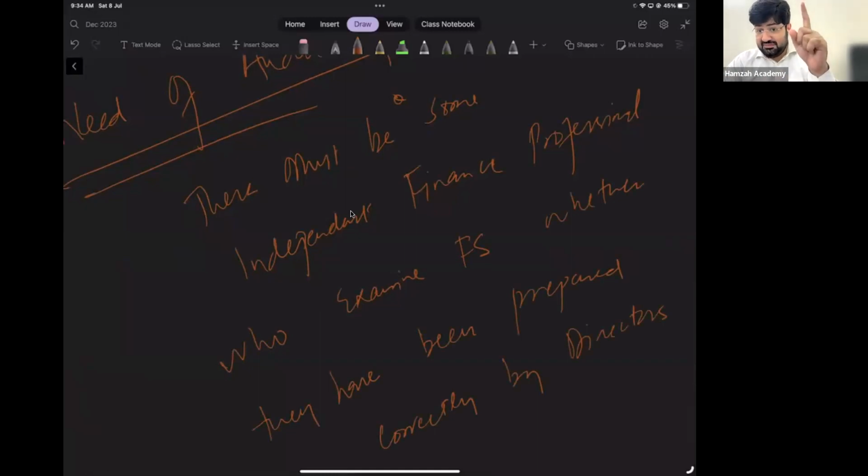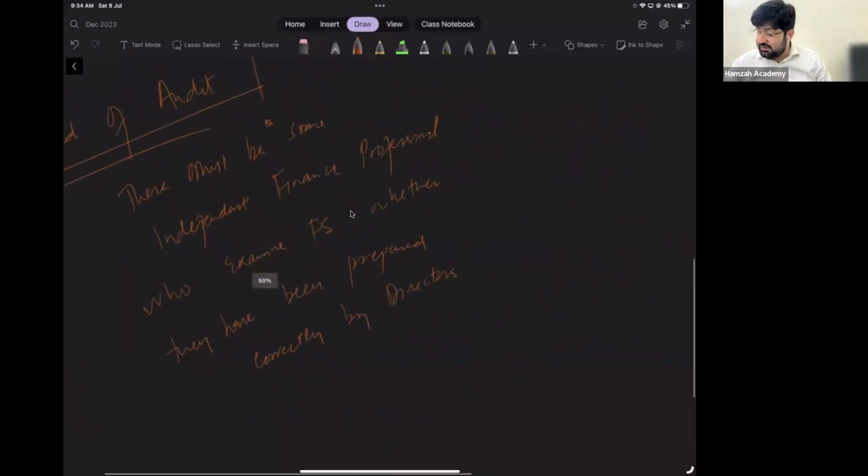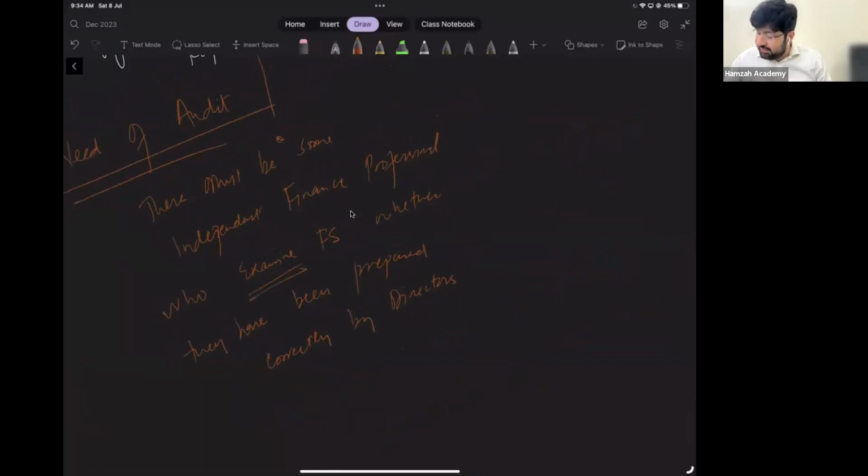In other words, they have to examine whether financial statements prepared by directors are credible.